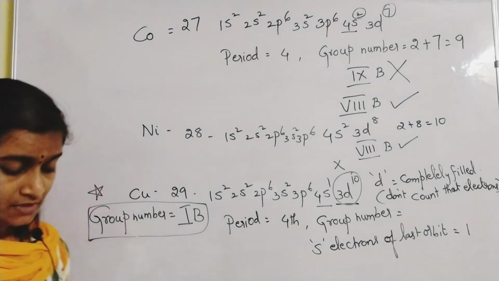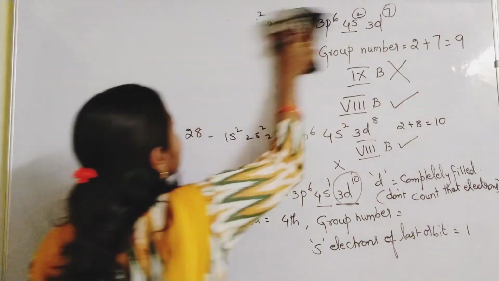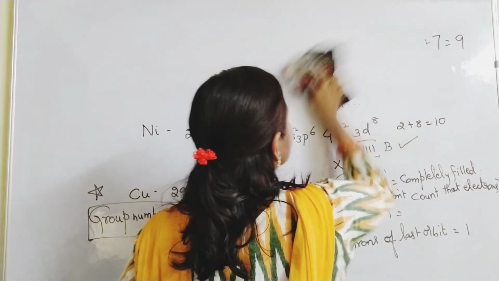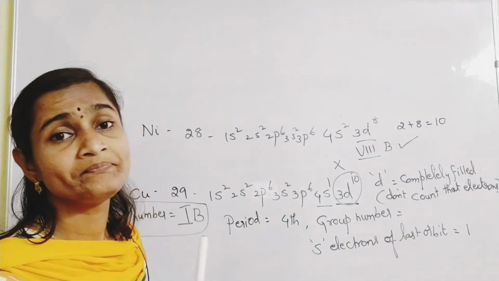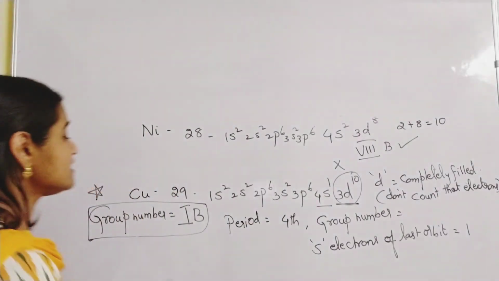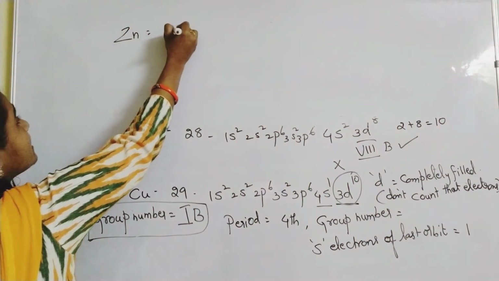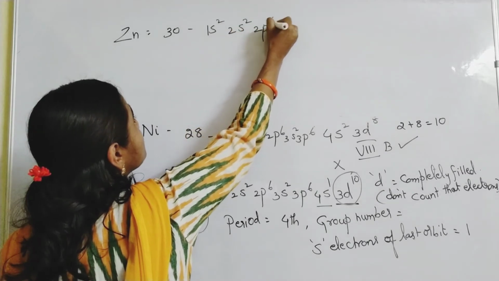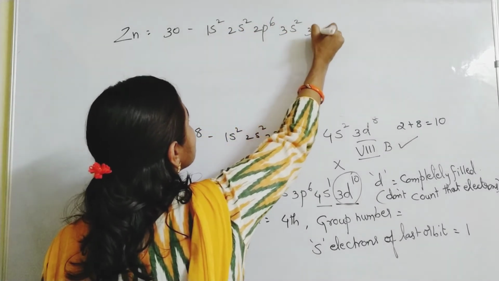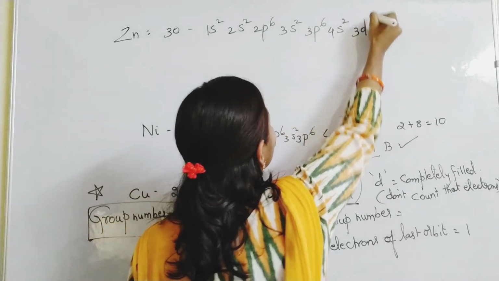You can take even zinc. In zinc also you will find the d electrons are completely filled. Zinc has atomic number 30: 1s2, 2s2, 2p6, 3s2, 3p6, 4s2, 3d10.